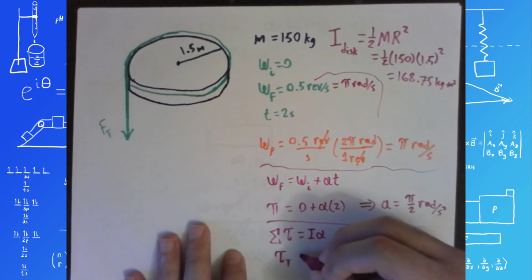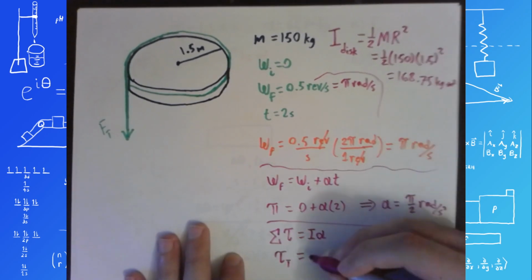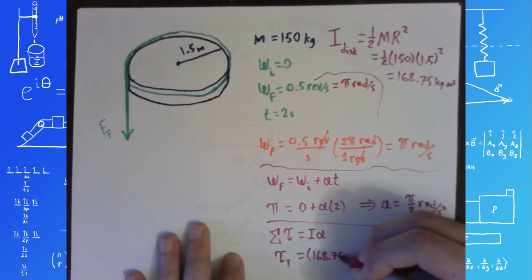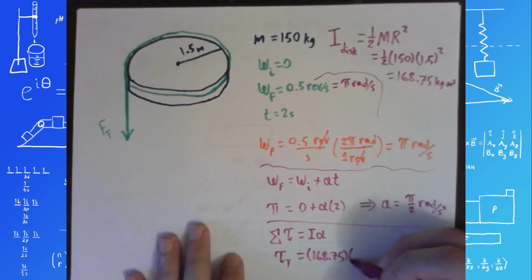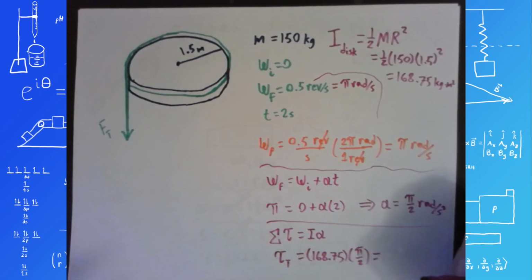Torque due to tension is equal to 168.75 times pi over 2. And I guess we might as well plug in our numbers now to see what that amounts to. 168.75 times pi over 2 is 265.07.